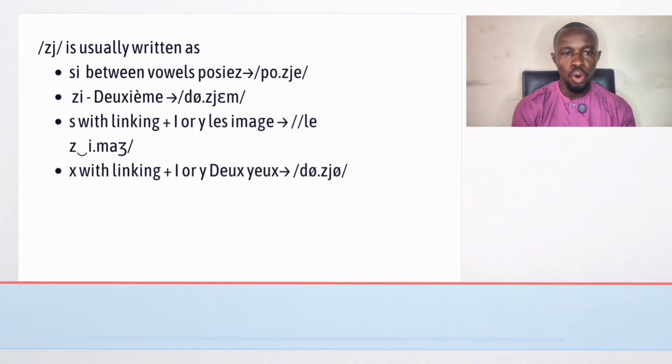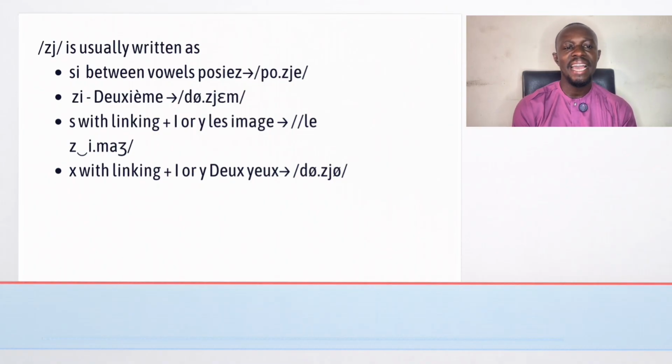Now for the zion, that's the other pronunciation, it is usually written as follows. Anywhere you see S and I between two vowels, we have an example like posier. So you can see it changes to Z. Or when you see Z, XI, SI, or ZI, you pronounce it as in deuxième.